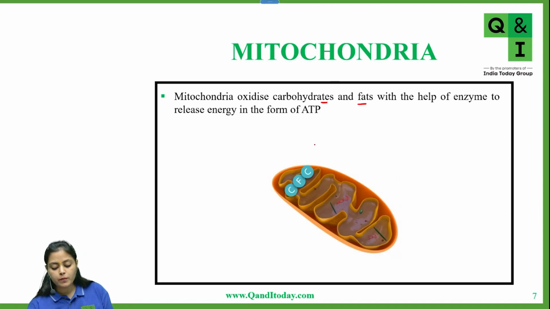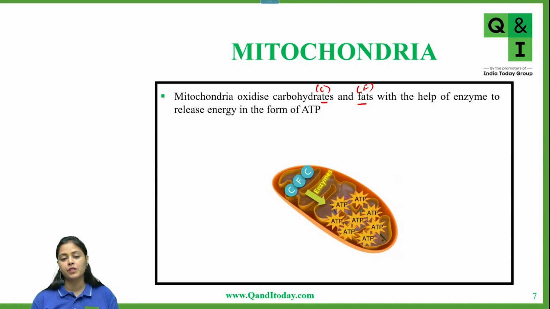So there occurs breakdown of carbohydrates and fats. This is shown here. These carbohydrates and fats are broken down using enzymes inside the mitochondria, and this leads to production of ATP molecules. Is it clear?